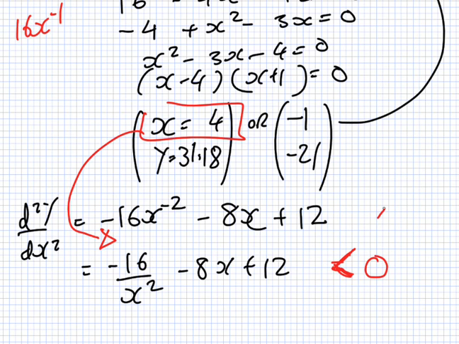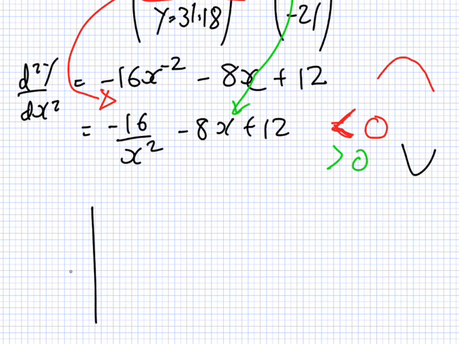It's kind of like this concave shape when x is 4. Now, what about when x is minus 1? If I put in minus 1, I'll get minus 16 plus 8, which is a positive then. If I use minus 1 in here, I'll get a positive, which then makes it a convex shape.